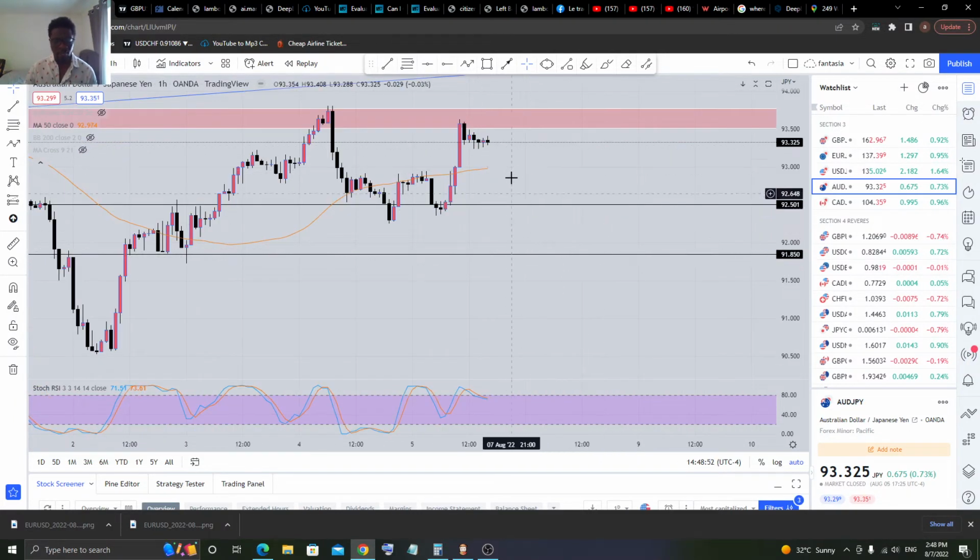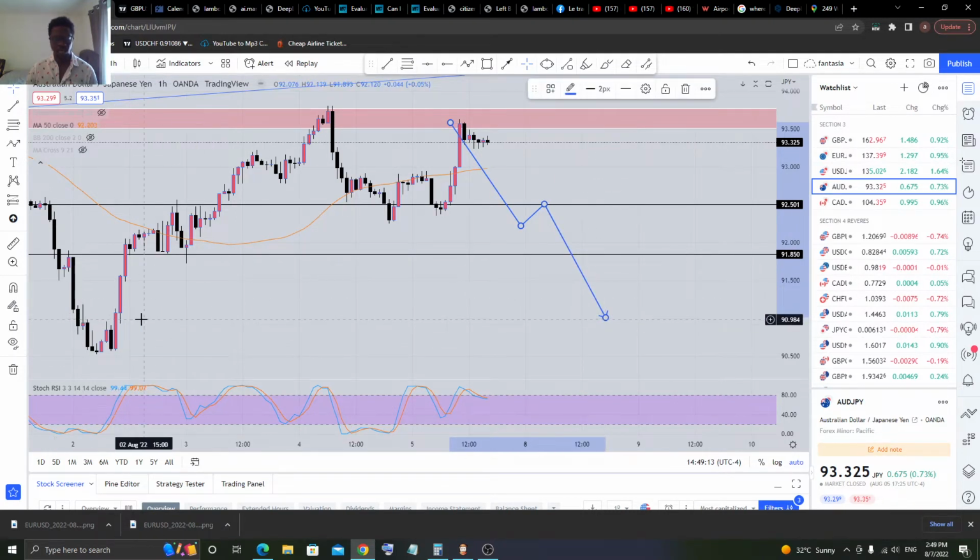But if price breaks through this level, look, price comes here, breaks this level, comes back to test it and pushes somewhere here, there I get my entry right here and my stop loss right there. And then my target will be somewhere here and I'm out.